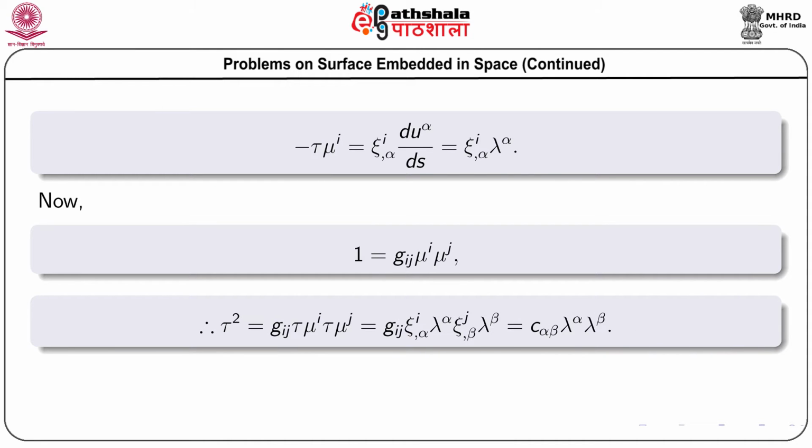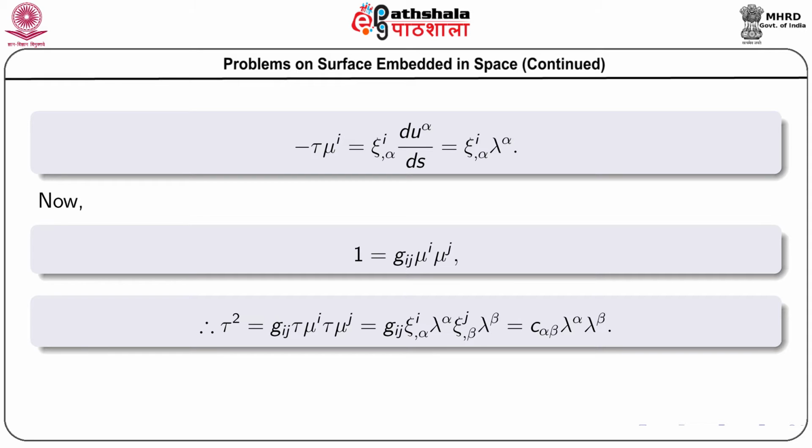Therefore, tau square equals g I j tau nu I tau nu j, and in place of tau nu I and tau nu j, if we replace from the above, we get g I j xi I comma alpha lambda alpha xi j comma beta lambda beta, and we know that g I j xi I comma alpha xi j comma beta is equal to c alpha beta.